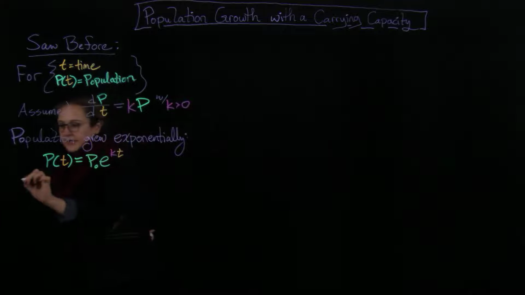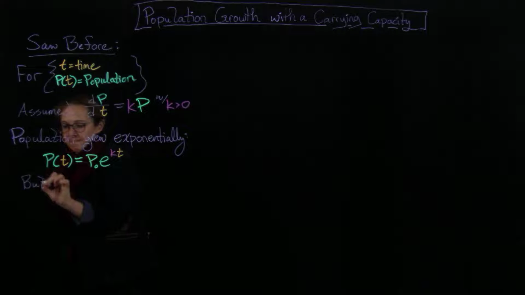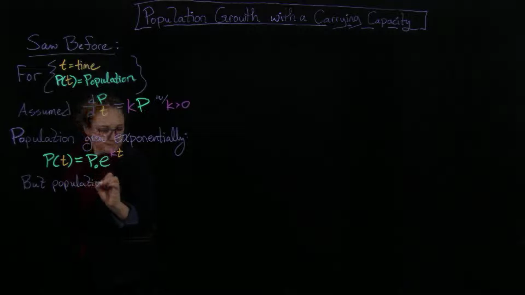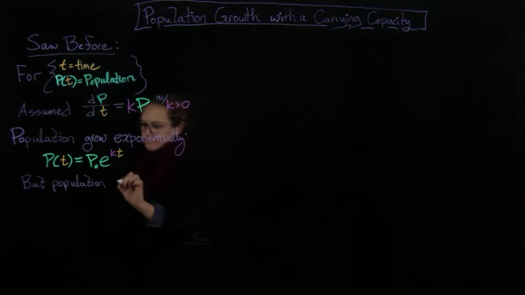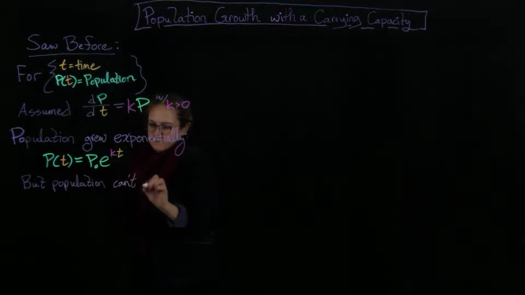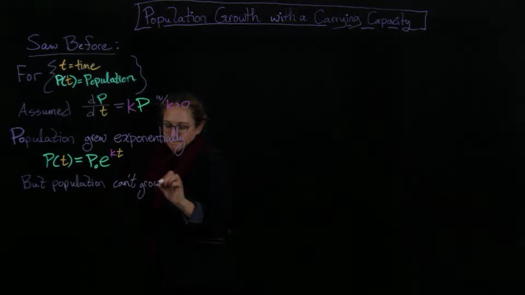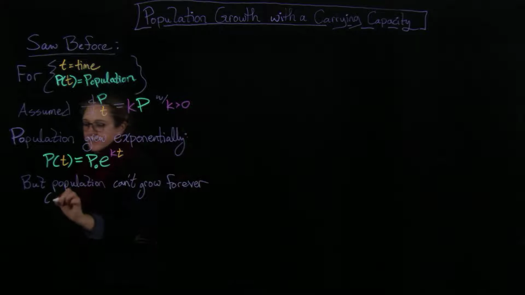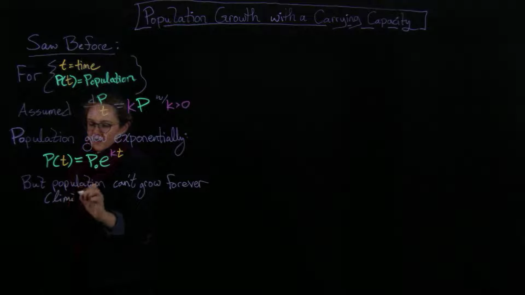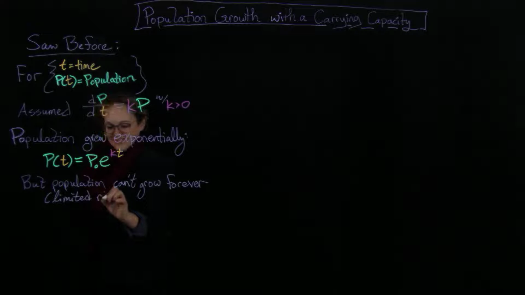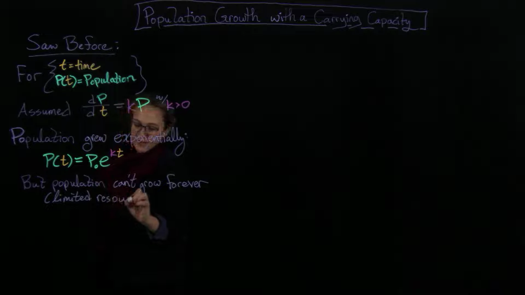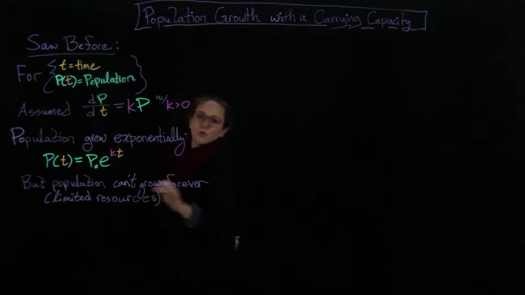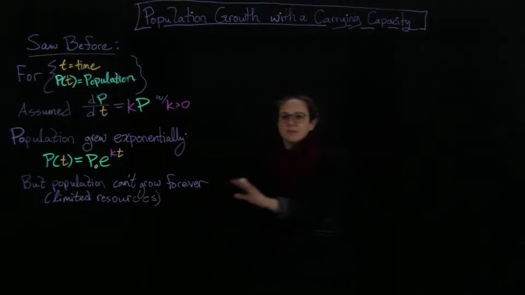But the population can't grow forever. As I mentioned before, you have limited resources, whether that's humans who are not yet immune to a disease, or food or water or whatever the situation is.